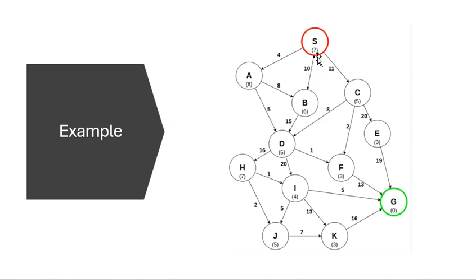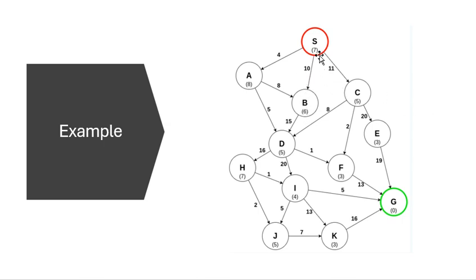One is in brackets, in parentheses, and one is associated with the edge. If you remember the equation that we just studied, the edge value is the cost from the starting point to the destination point, and the bracketed value is the heuristic value of this particular node. So these bracketed values are h(x), and the edge values are g(x).